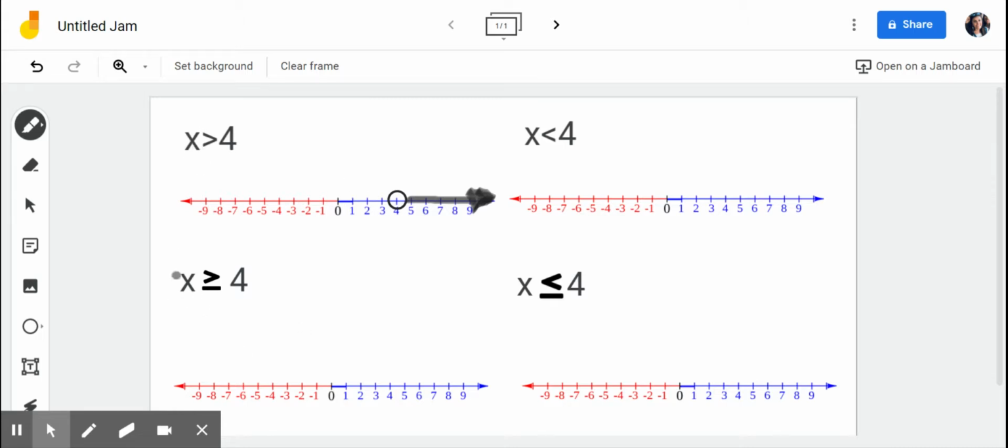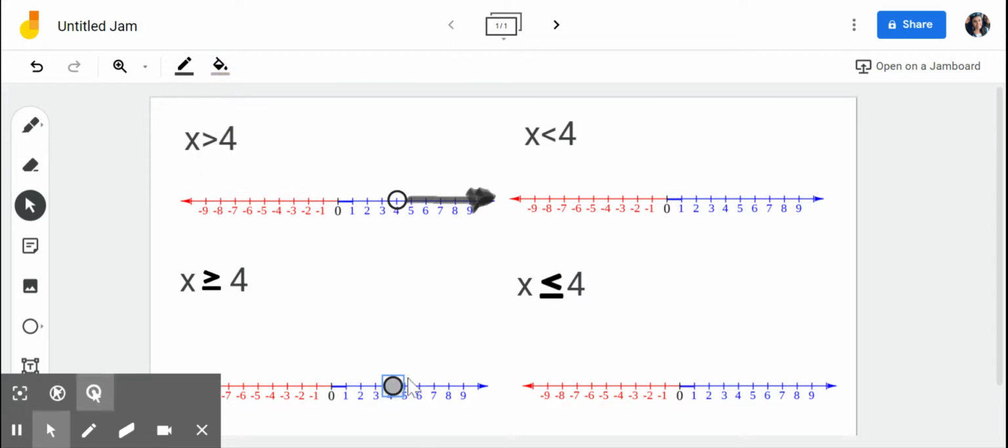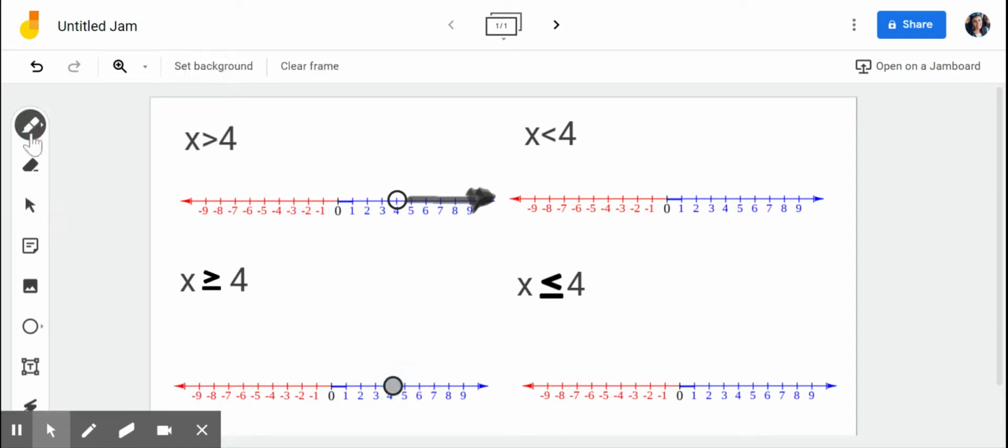Now, down here we have all numbers greater than or equal to. So that little bar on the bottom means that it can equal 4. So for this one, we're going to put our circle on 4, but that's going to be filled in because this time we can include 4 in our solutions because it can be equal to 4, then it can also be everything that is greater.